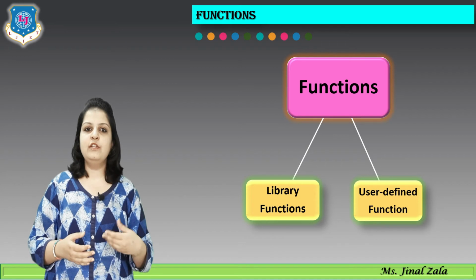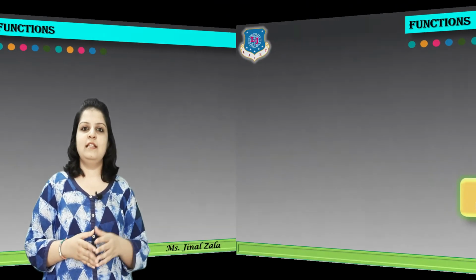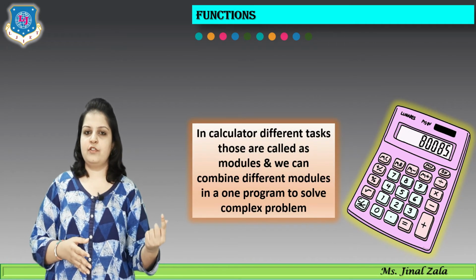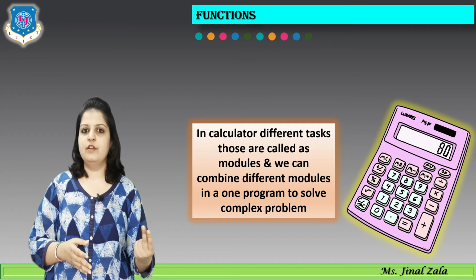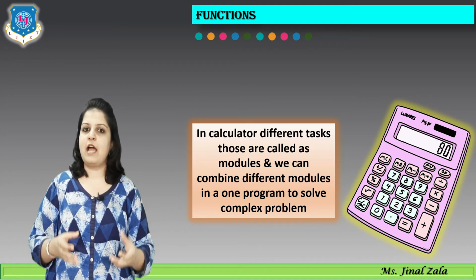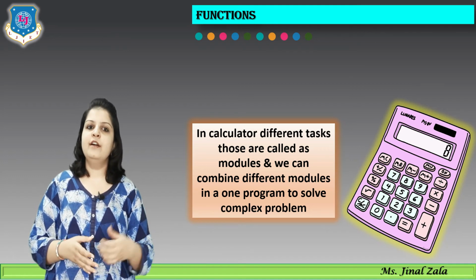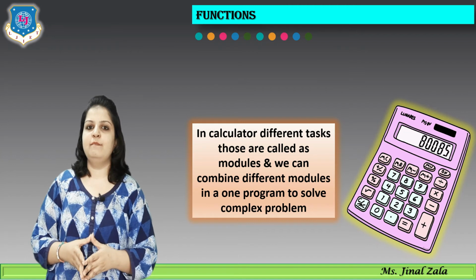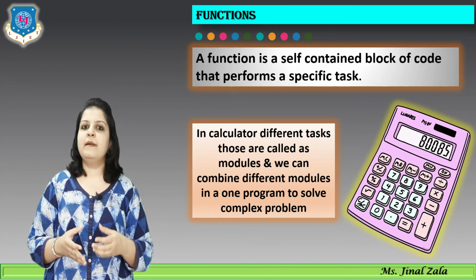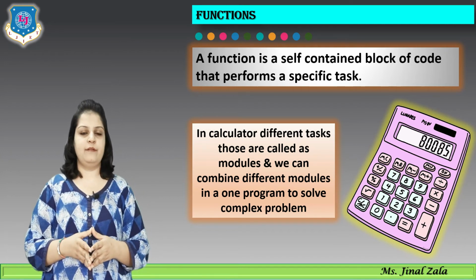And when can we use the concept of user defined function? Here you can see the image of a calculator. In a calculator, addition is one function, subtraction is one function, multiplication is one function. So we can combine different types of functions in our single program. A function is a self-contained block of code that is used for a particular task. And many different categories we will learn in this chapter.